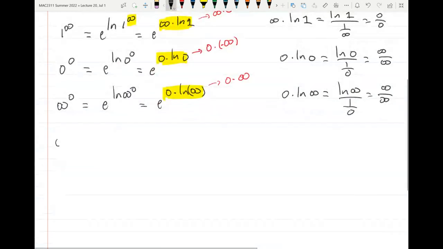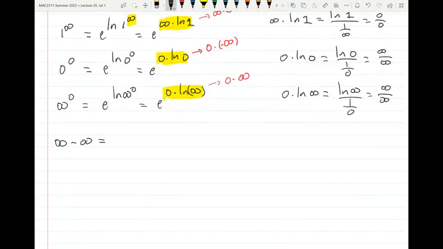So for example, just to show you, if you have infinity minus infinity, let me call this infinity 1, infinity 2. If I factor out the infinity 1, then we're going to have 1 minus infinity 2 over infinity 1. So we turn this into an infinity over infinity situation.